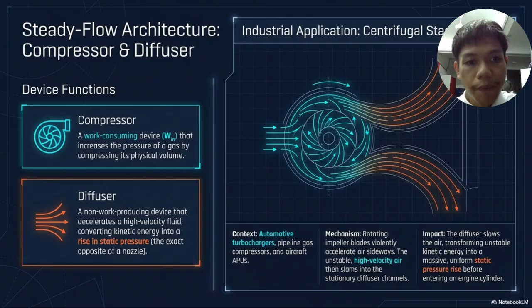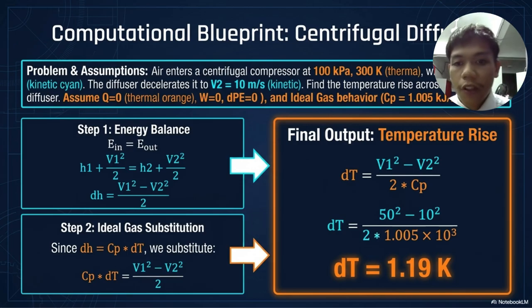Okay, last but not least for my part, this is the case study for the second flow device. So we have air entering a centrifugal compressor at 100 kilopascal and 300 Kelvin with an inlet velocity of 50 meters per second.